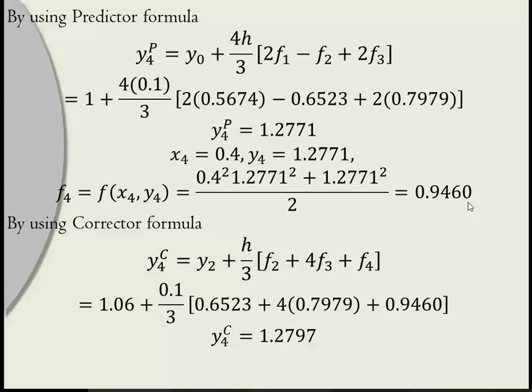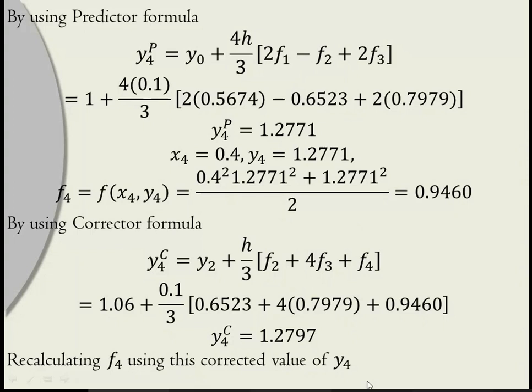Now, the predicted value is 1.2771 and the corrected value is 1.2797. It is asked up to 3 decimal places. Now they are matching up to 2 decimals. The third decimal here is 7, here it is 9. So we have to do further calculation.